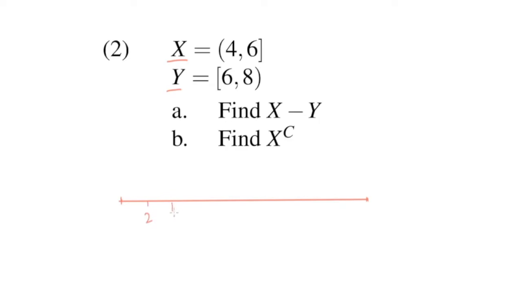So let's say it goes 2, 3, 4. Okay, and the intervals are the same as before. So we had the interval X, which didn't include 4, but did include 6. And we had the interval Y, which included 6, and didn't include 8, so that's Y.